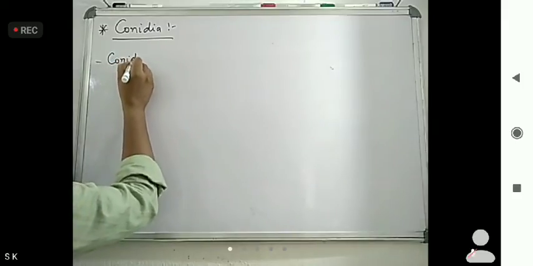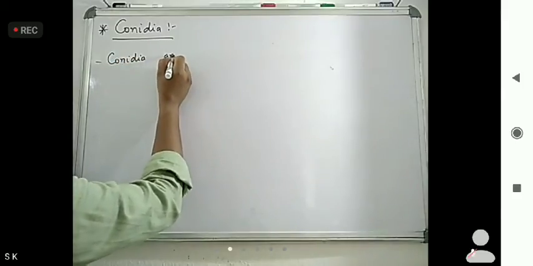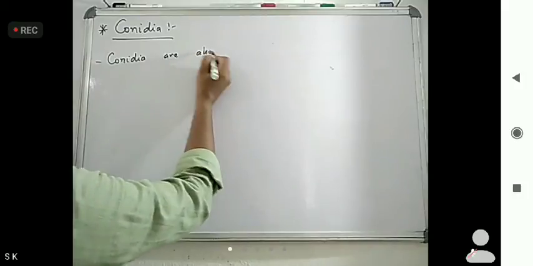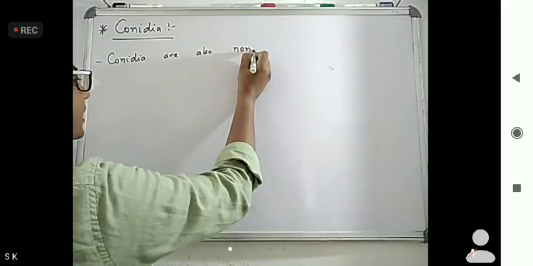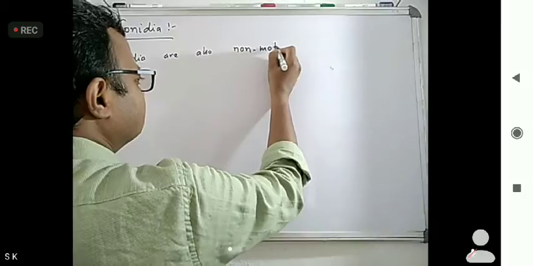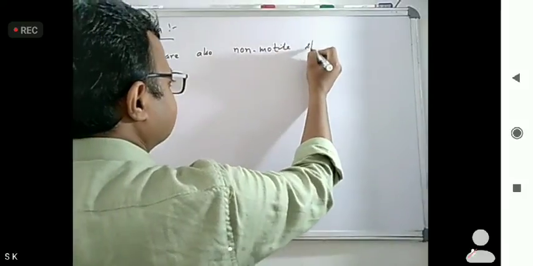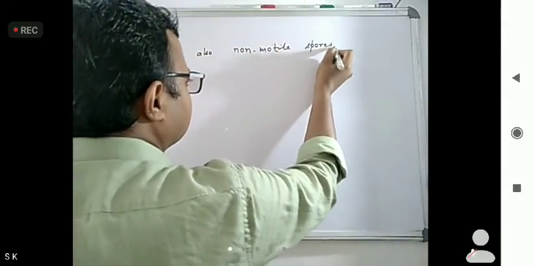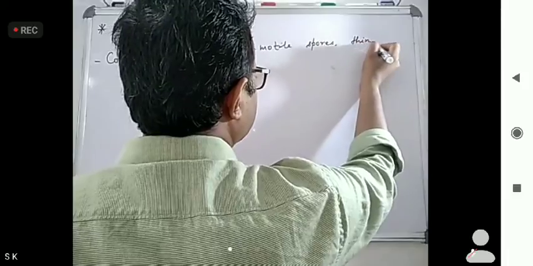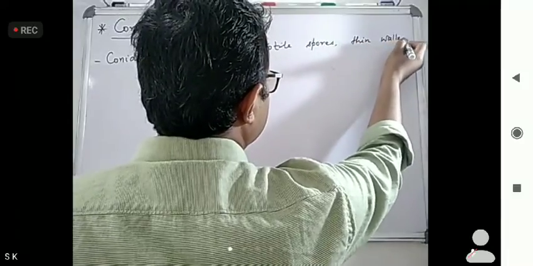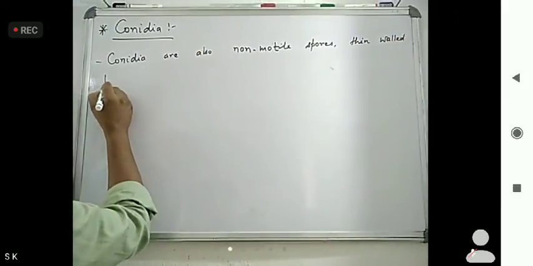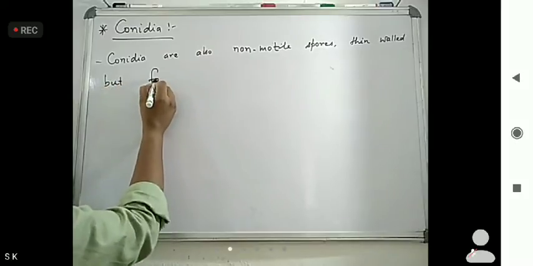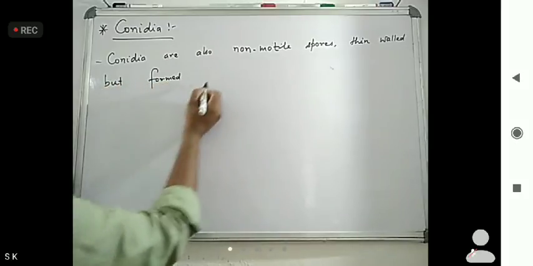Conidia are also non-motile, thin-walled spores, but formed exogenously.